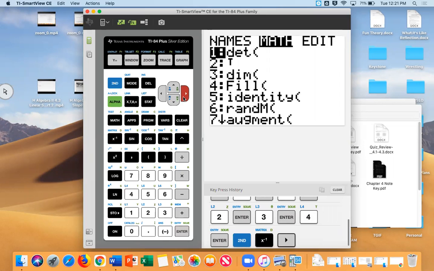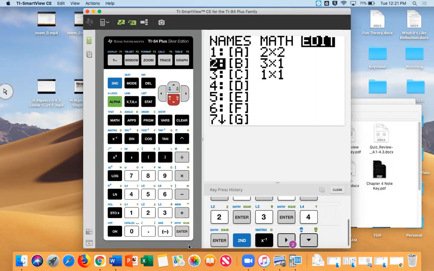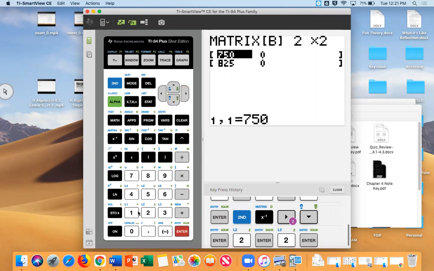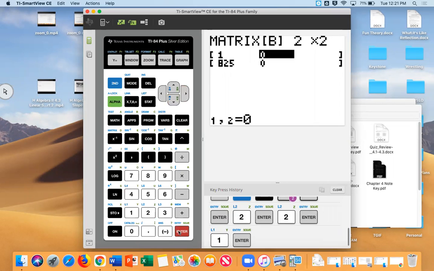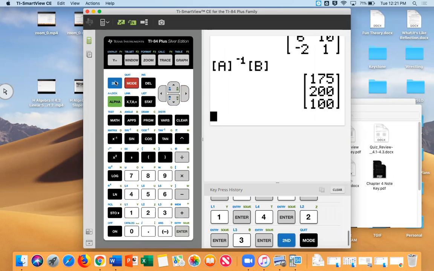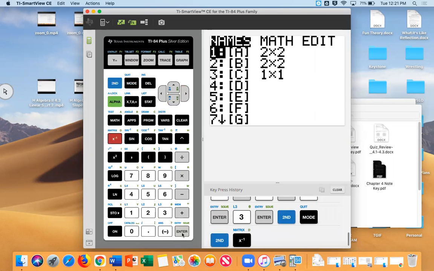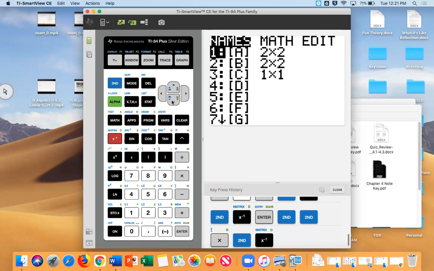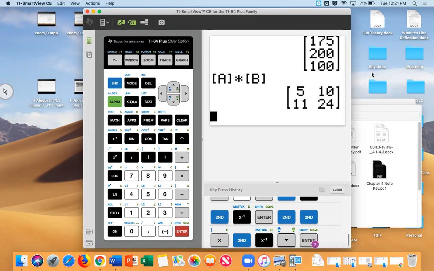And then we went over to B, and that's a 2 by 2 matrix, and that was 1, was it 4, 2, 3? And then I just asked you to do A times B. And hopefully I remembered my matrix multiplication. And we got that, right?